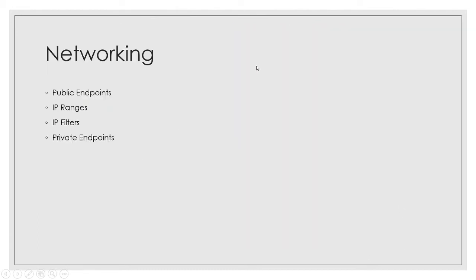And coming to the networking tab, we will have these four configuration options. One is by default the public endpoint, so our IoT hub will be discoverable over any public network. Next, we will have IP range.